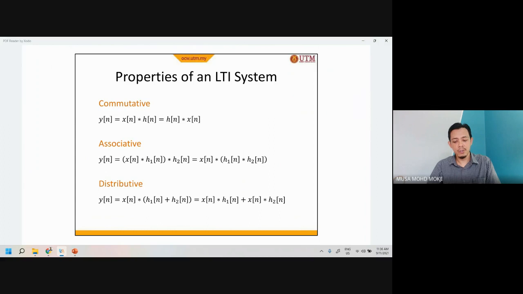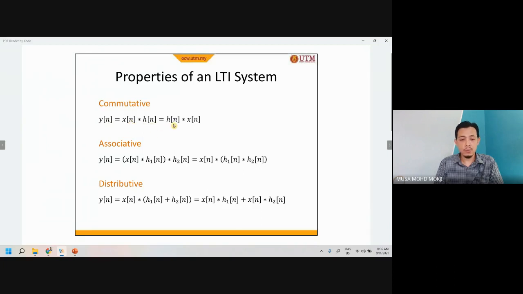So this is quite easy, because convolution has those properties of a linear arithmetic operation, like multiplication. Let's say you have yn equals xn convolved with hn.